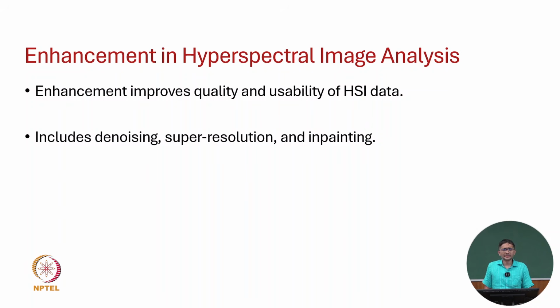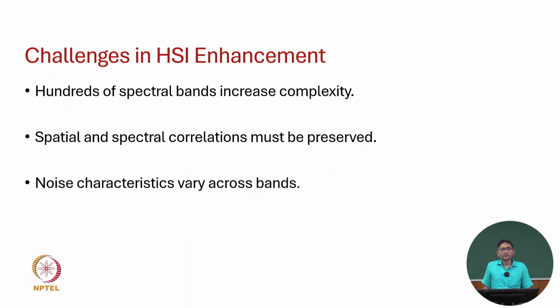We will be discussing these aspects in detail later when we talk about hyperspectral image analysis in one of the subsequent weeks. However, we will talk a bit, just a minute or so, especially about the denoising aspect.